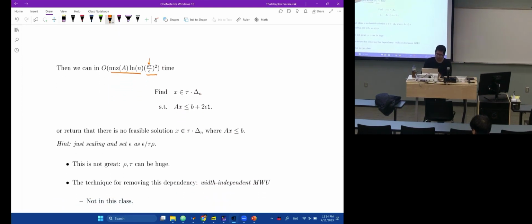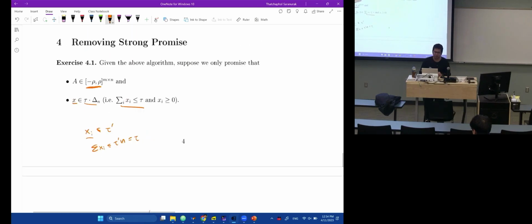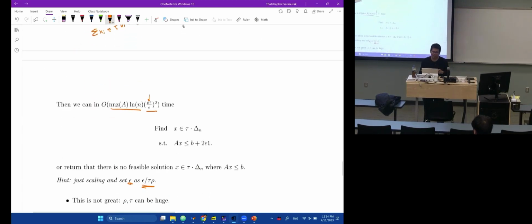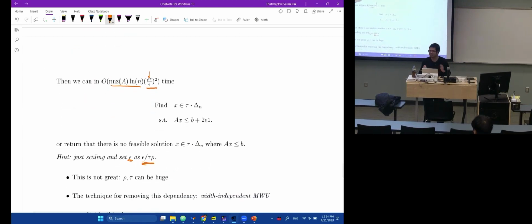The hint is just to set epsilon to be small enough, and everything will work out. You scale things down so that you start with A that is big, you scale it down so that A is between minus 1 and 1, and use this algorithm. So by scaling, you can make it work. It's not that interesting, but you can check.